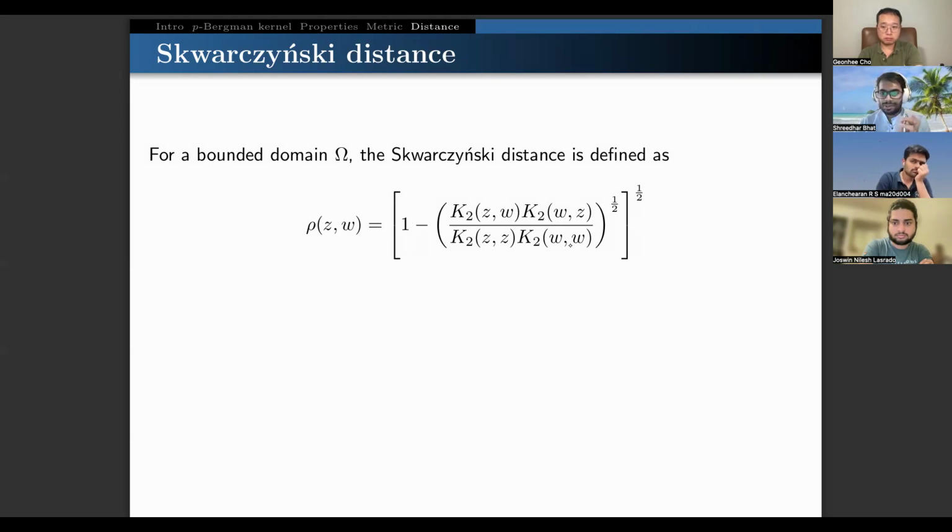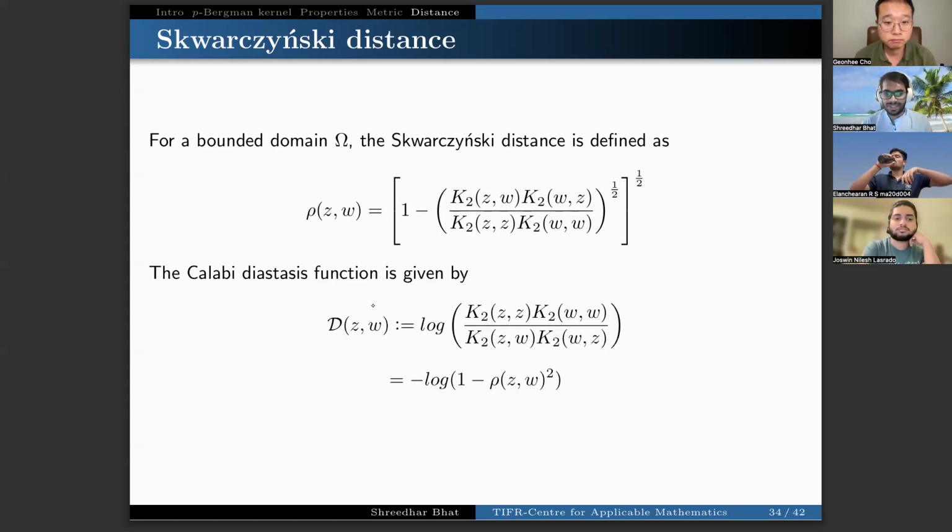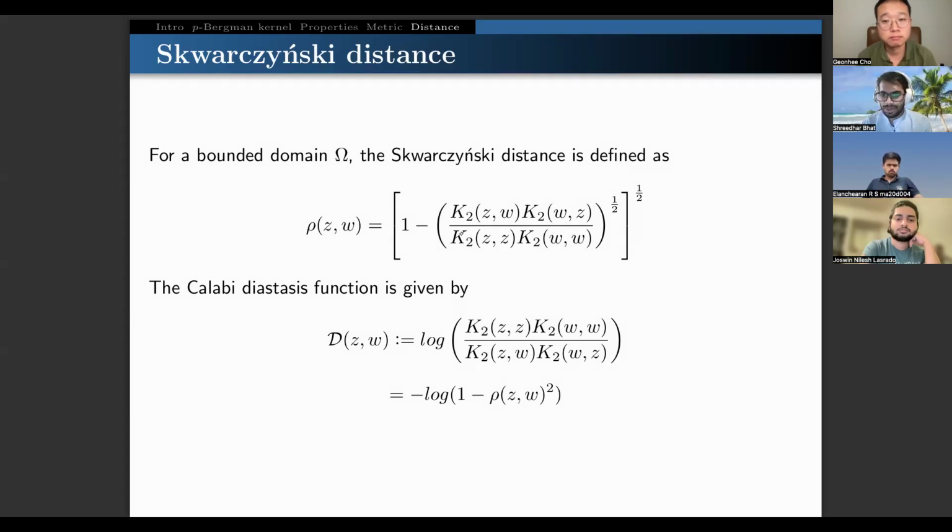Why I am talking about this is because if you read through Dr. Cho's paper, you see that there is this other quantity that comes up, that is the diastasis function. It is defined this way, log of this K2. So this is exactly the reciprocal of this. That is why I thought I'll talk about this. So it turns out to be 1 minus log of 1 minus rho square.